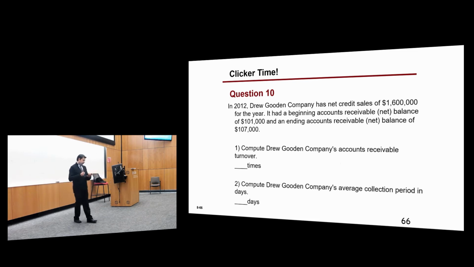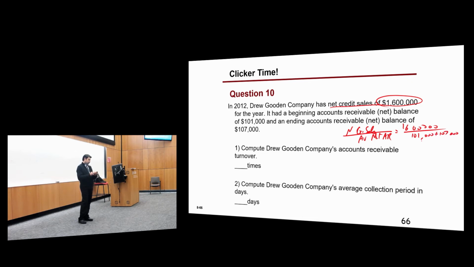So in this case, you'll need to calculate accounts receivable turnover. How do you calculate accounts receivable turnover? You divide net credit sales by the average net accounts receivable. So this is 1,600,000 divided by (101 plus 107) over 2.